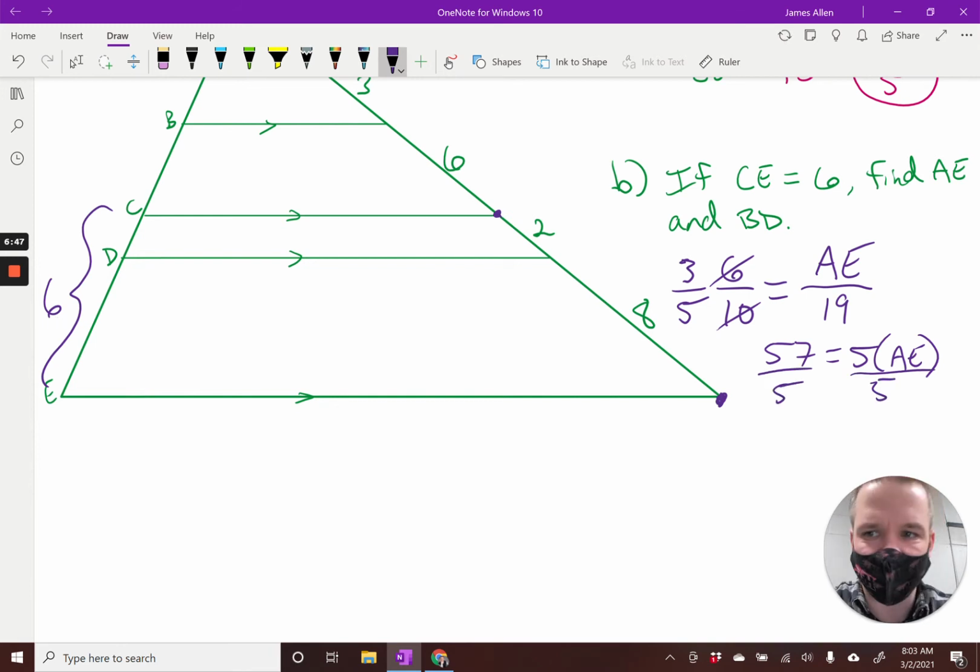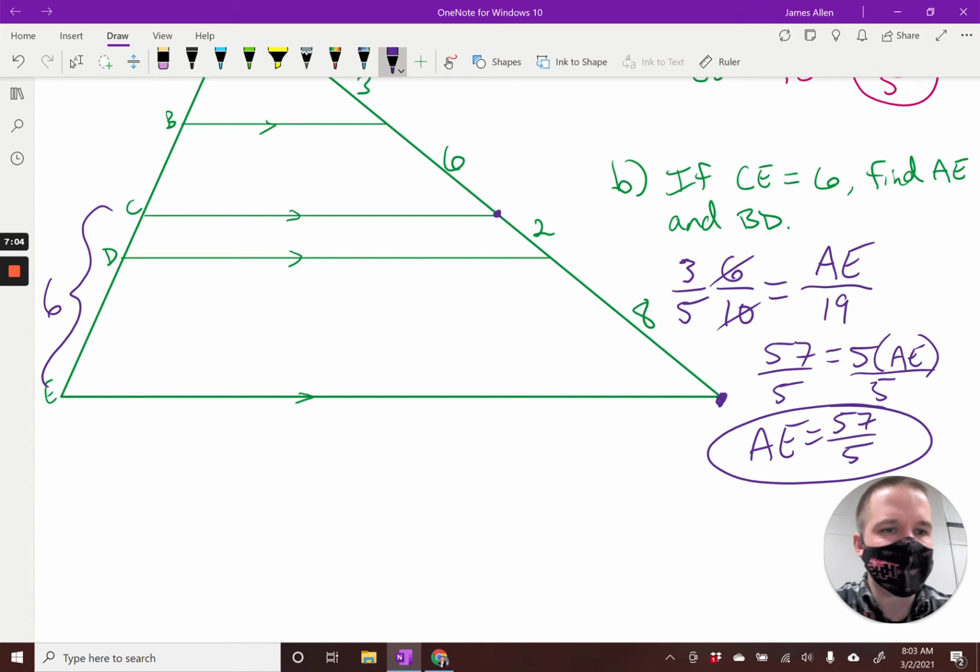I've got AE equals 57 over 5. That'd be like 11.4, something like that. But I'm going to leave it as an improper fraction. If it asks for a decimal, then I'll just pop it in the old TI-84.